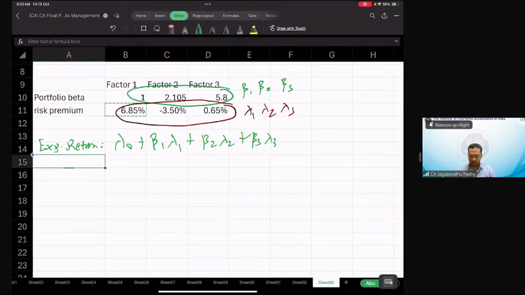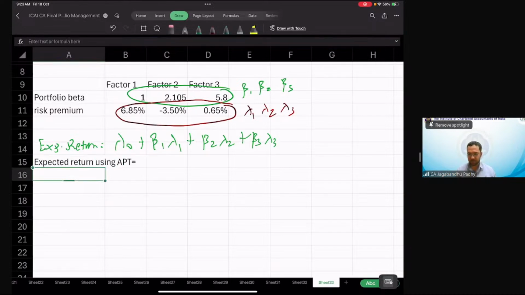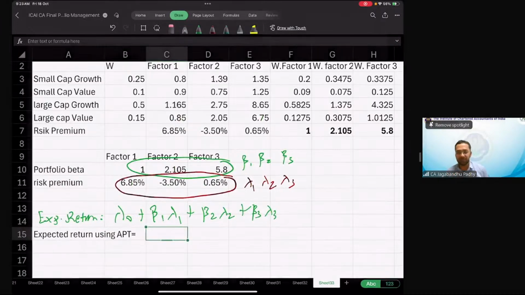So the expected return using arbitrage pricing theory will be lambda 0. Lambda 0, what is the risk-free rate given to us?